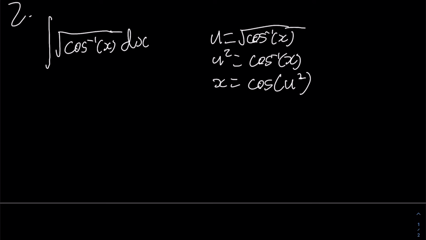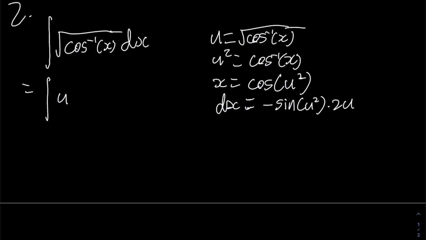So now what we can do is take this to the u world. So this is the integral, and then we have our u, and then we have to take dx. So dx is, of course, going to be negative sine of u squared times the derivative of the inside because of the chain rule, which is 2u.